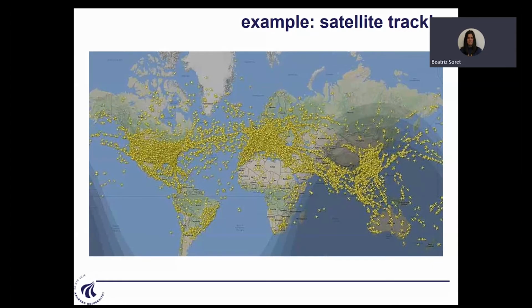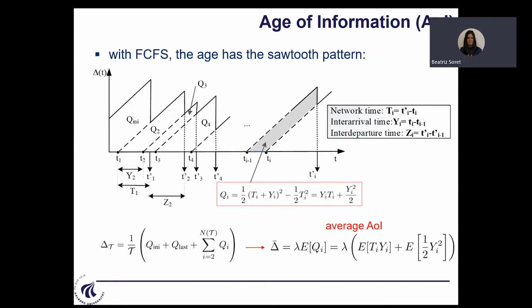I don't know if you know this website, Flightradar24. Flightradar, yeah, where you can see in real time the position of all airplanes on the globe. In this case, if I'm tracking your position, it's more about whether my yellow point really represents the current position, yes or no, rather than whether a packet had a delay of 50 or 60 milliseconds. This is why we are looking a lot at age of information in the last years.